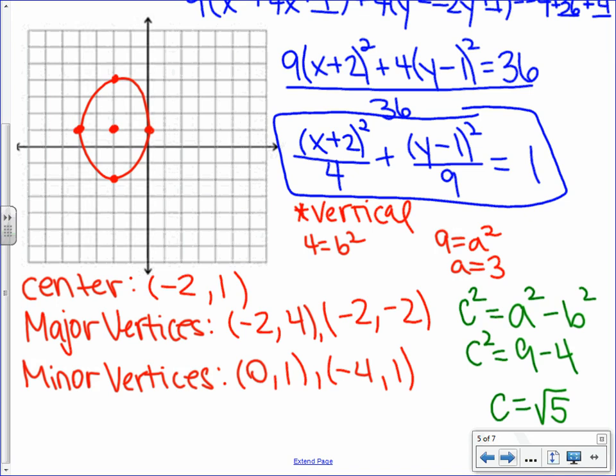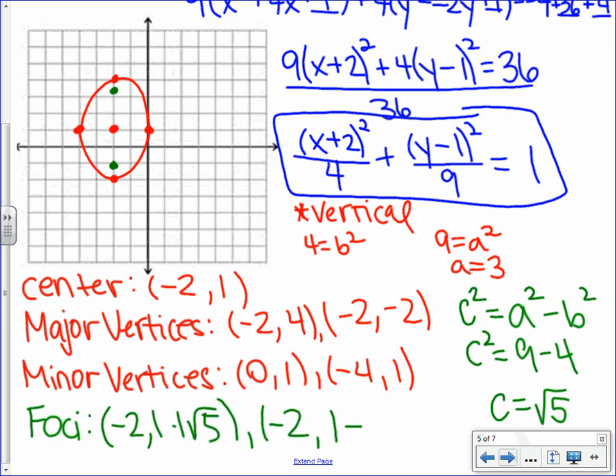So I'll move a little bit more than 2 vertically, in the positive and negative direction. Okay. So our foci, we moved vertically, so our x-coordinate's going to stay as negative 2, but from 1 we went up radical 5, and from 1 we went down radical 5.